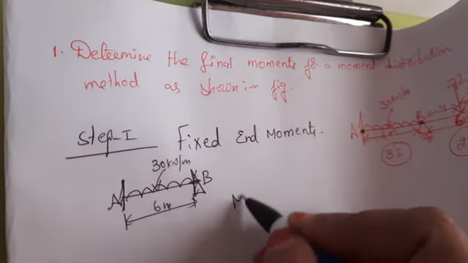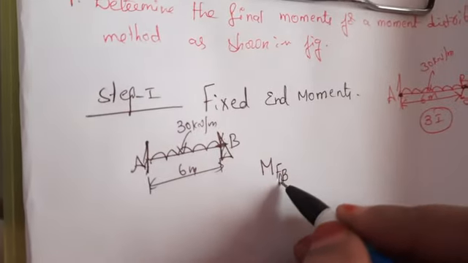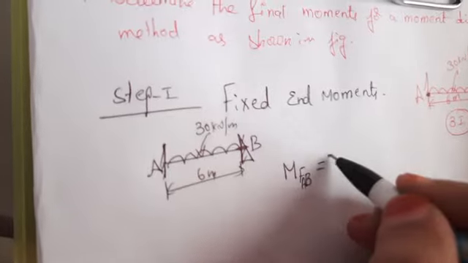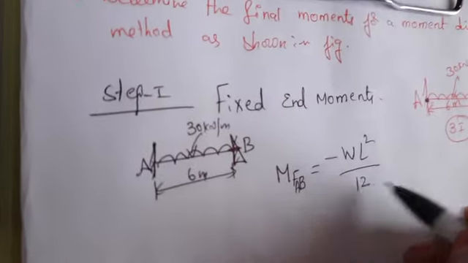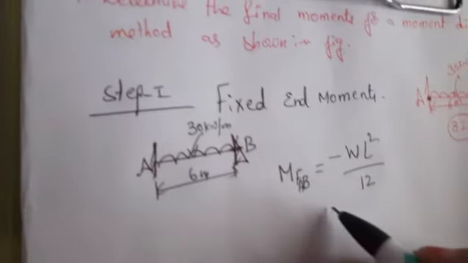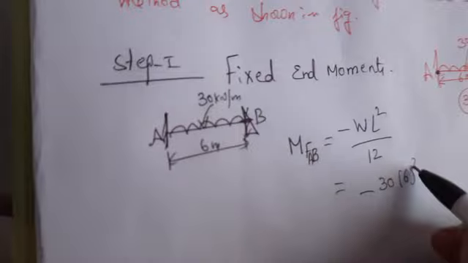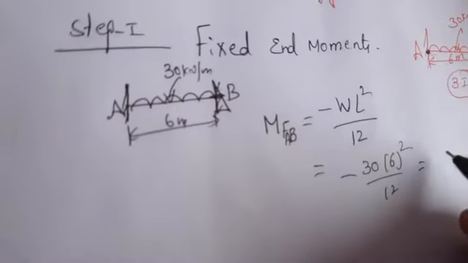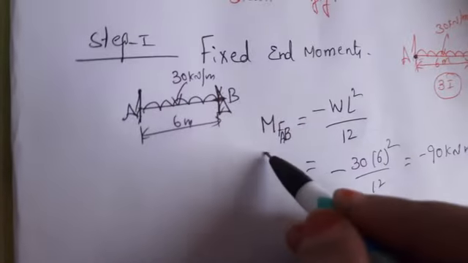For this, MFAB equals, our formula for UDL is minus WL square by 12. Now I substitute: minus W is 30 into 6 square by 12. Then we will get minus 90 kilonewton meter. This is for MFAB.